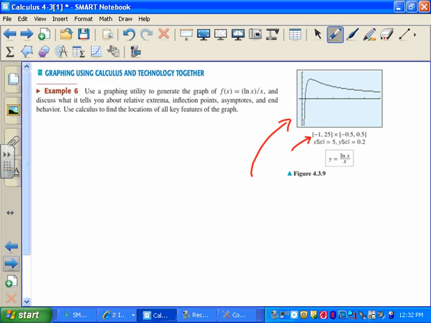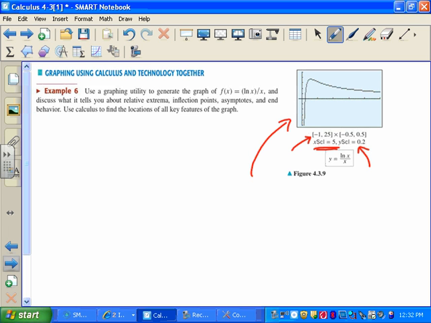Silly girl, Miss Collins. Delete. 1 to 25. And then you want to be counting your X scales by fives. And then your Y, you want it to go from -0.5 to 0.5, counting by 0.2s. And now when I graph it, I get exactly that picture.